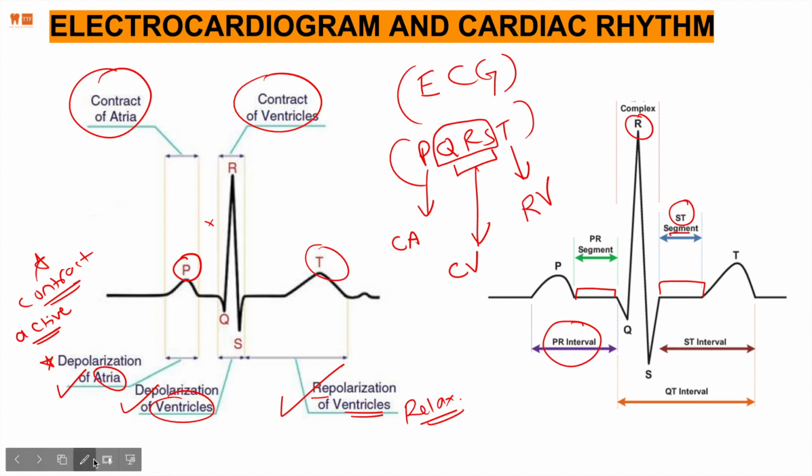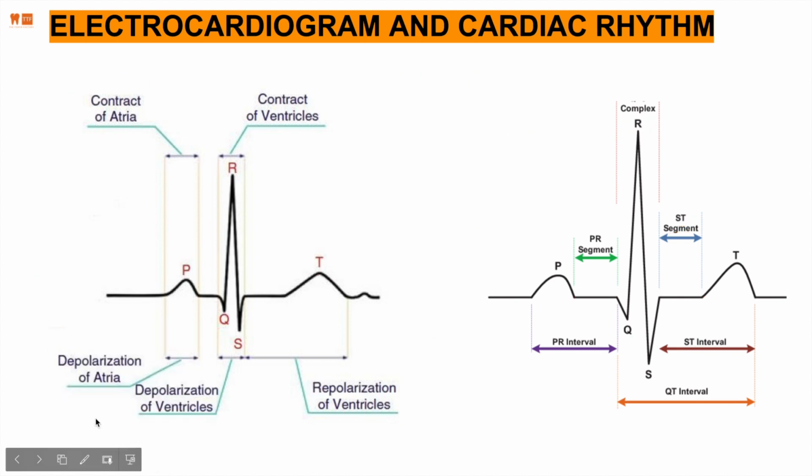So, for example, if we were to break this down here, what do you think is happening in the ST segment? Well, in the ST segment, we know that there is a repolarization of ventricles, right? That, in other words, is blood filling in ventricles.